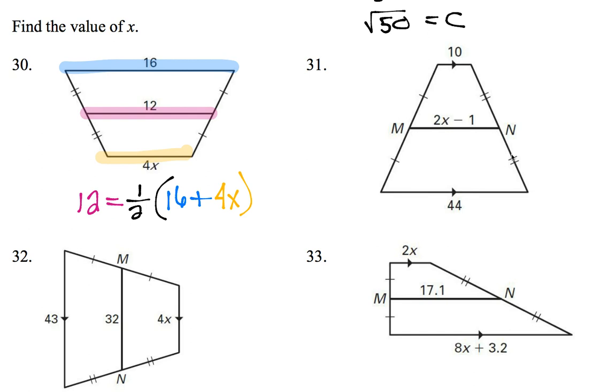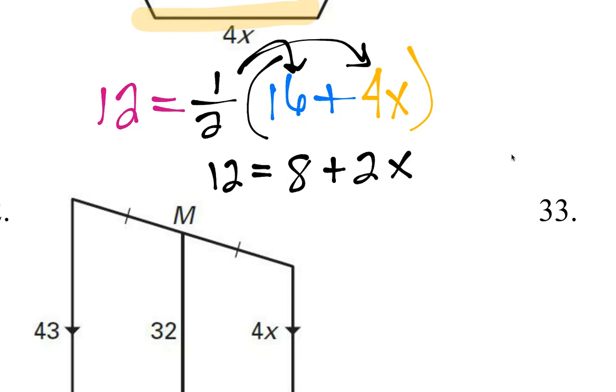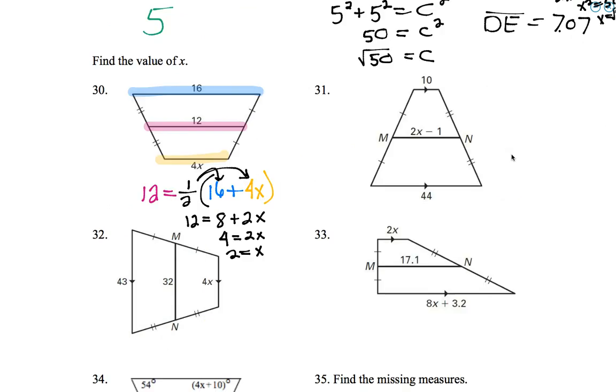I would say the hardest part of this algebraic process is you are going to distribute in 1/2. So it's not always the most pleasant thing. But it's the same process.